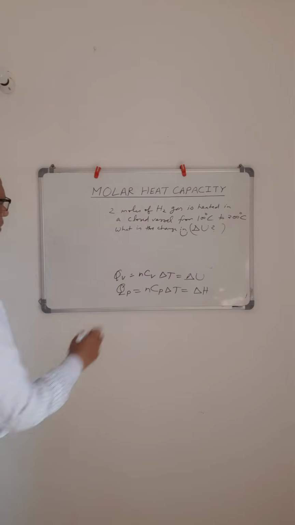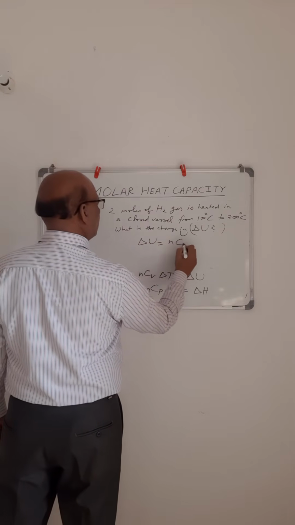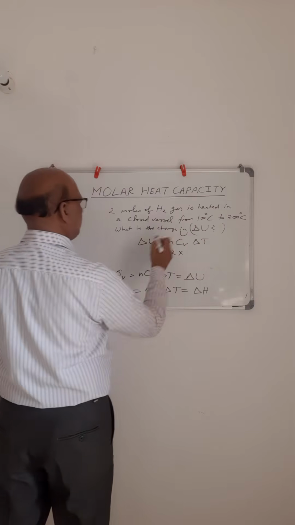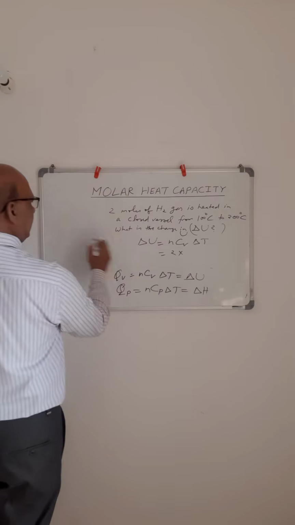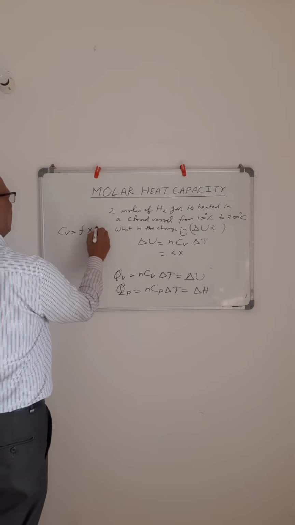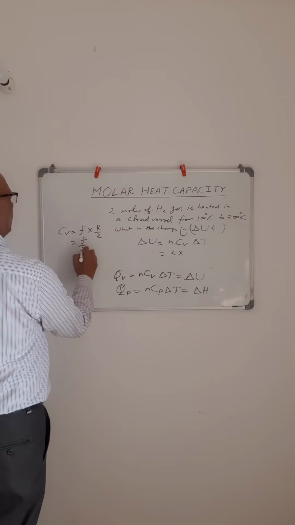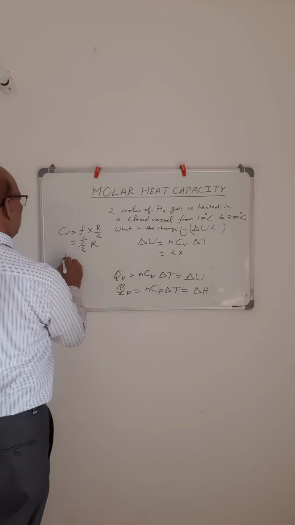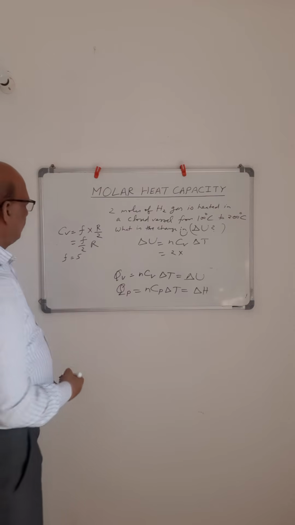So how will we do it? We will apply the formula delta U equal to n Cv delta T. n is 2 moles, and Cv for hydrogen: hydrogen is a diatomic gas, and we know that Cv is equal to the degrees of freedom multiplied by R by 2, or F by 2 R. In the case of a diatomic gas, the degrees of freedom is 5, that is 3 translational and 2 rotational.